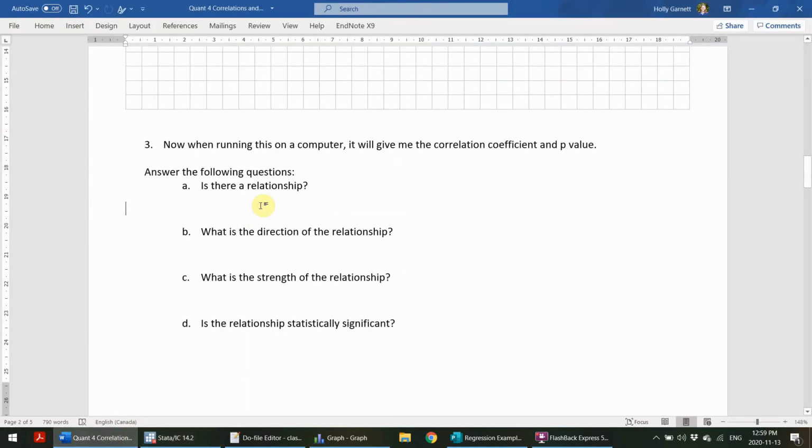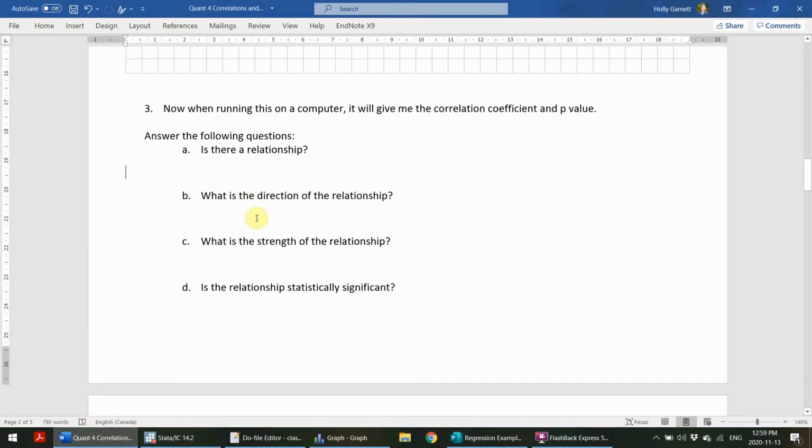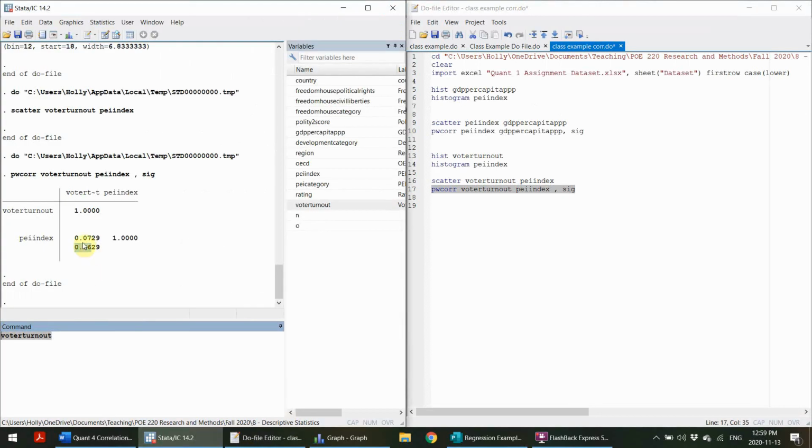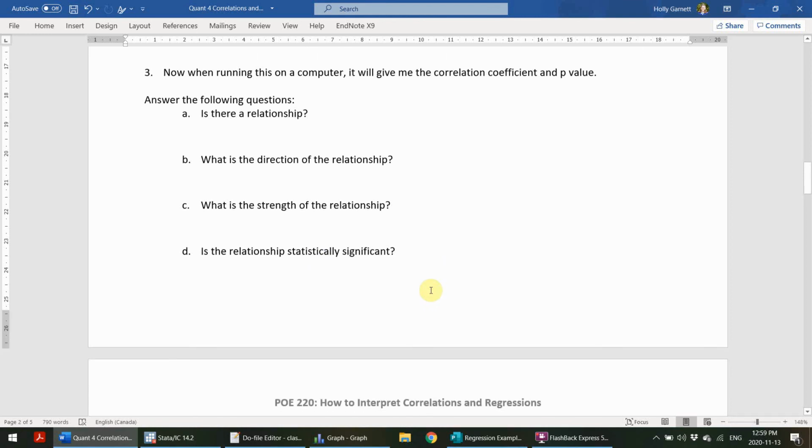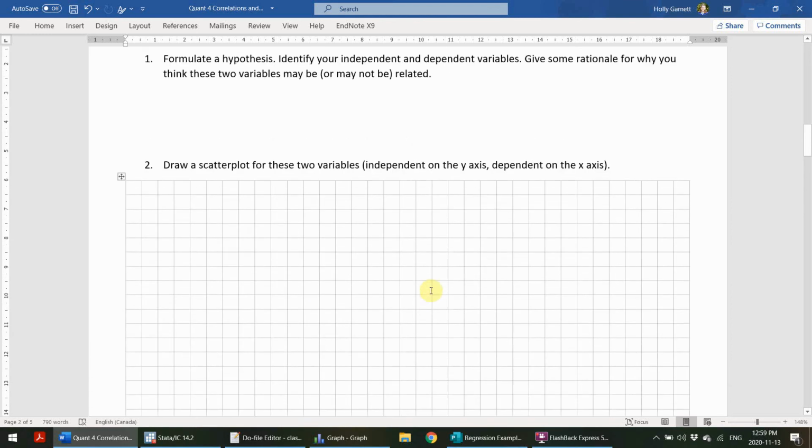Is there a relationship? Doesn't really look like it. What's the direction? Well, there's no real relationship, so there's no real direction. What's the strength? Very, very, very weak. It's 0.07. And is it statistically significant? Yeah, it definitely doesn't meet the 95% confidence threshold that I've decided on. So not much going on.